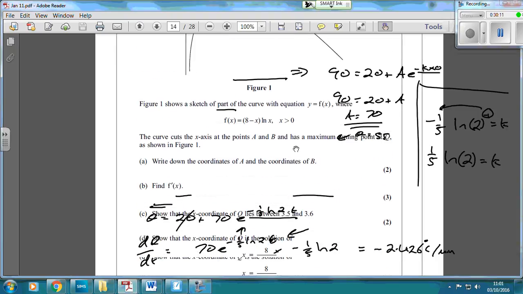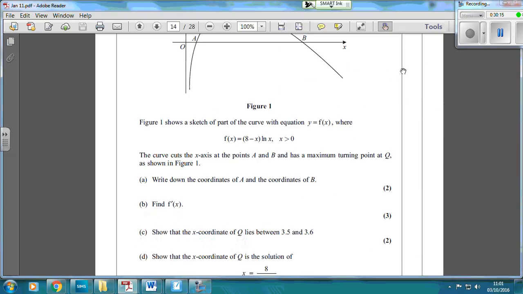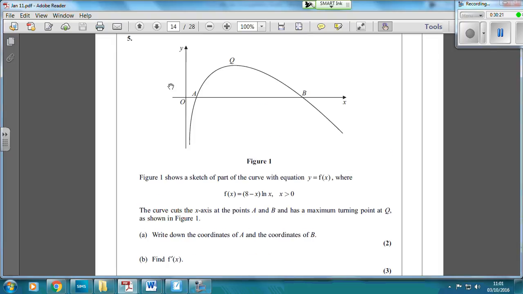Question 5. So what we've got here is a curve which cuts the x-axis at A and B. The first thing it asks us is write down the coordinates of A and B. So if we've got a function f of x equaling 8 minus x, bracket, log x, we've got to find out where y, or f of x here, equals 0.